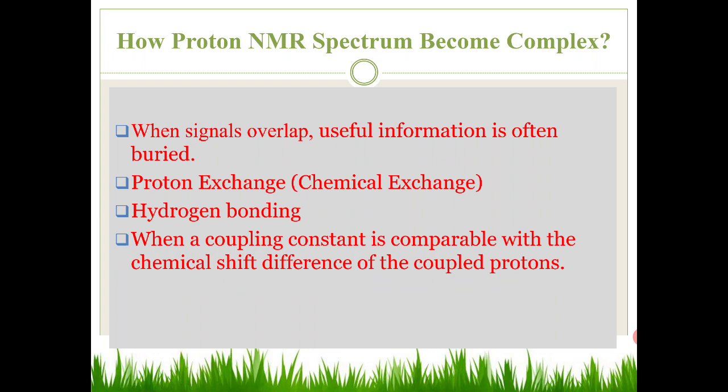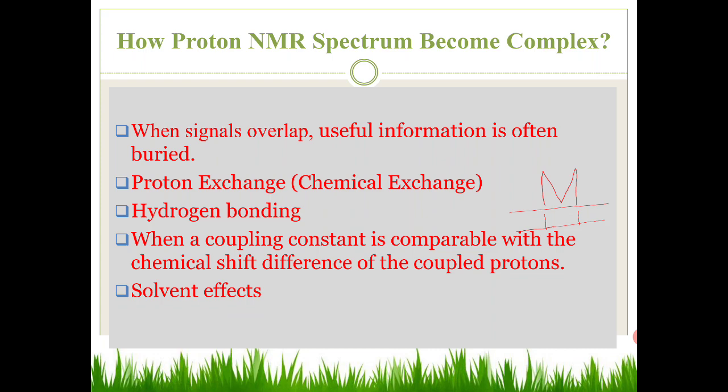Suppose a peak would have split like this; this is the coupling constant. Whereas in the same spectrum, the chemical shift would have appeared like this. So the chemical shift is different and the coupling constant is different. If both have a comparable distance, you can't make out whether it is a coupling constant or a chemical shift. So what do we do? That is another scenario where the NMR spectrum becomes complex.